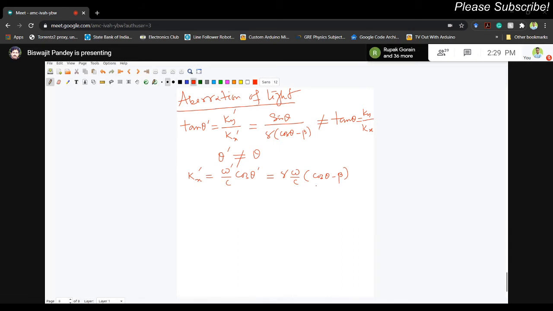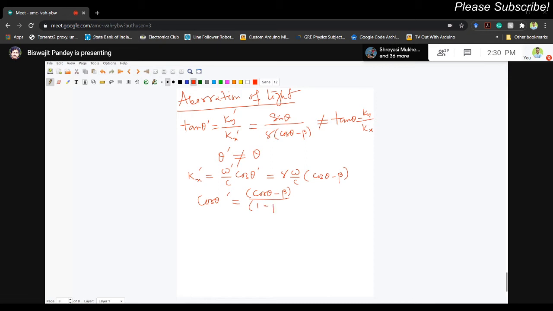This is kx prime, omega prime by c cos theta prime, which is gamma omega by c times cos theta minus beta, which we calculated on the previous page by applying the Lorentz transformation. I am not putting omega prime here in terms of omega, theta and beta. From this we can write cos theta prime equal to cos theta minus beta divided by 1 minus beta cos theta.